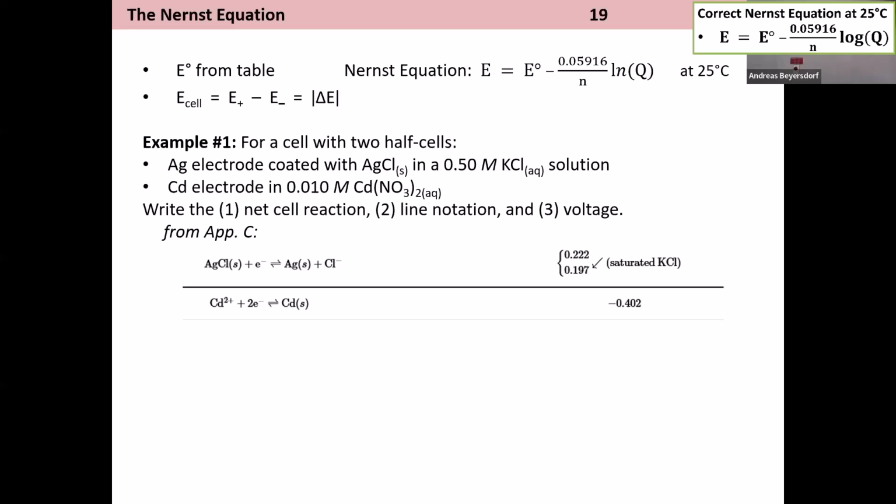So what's going on here? Our cell consists of two things. The first is silver and silver chloride.